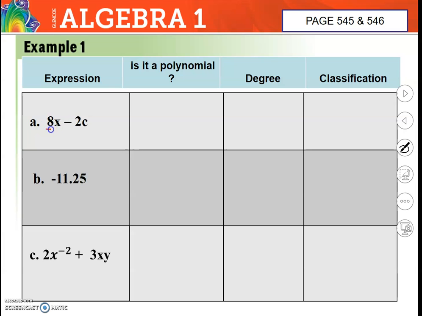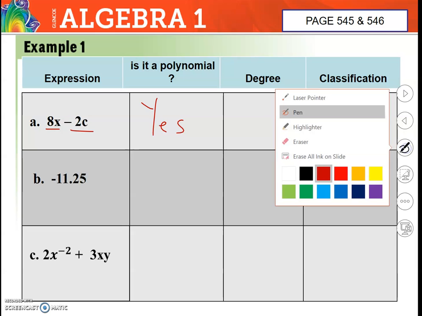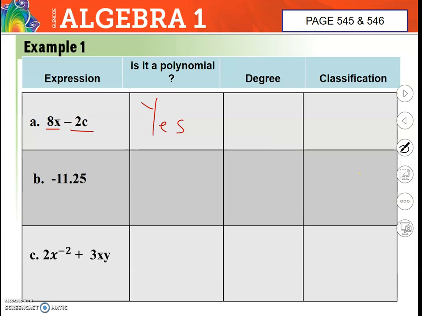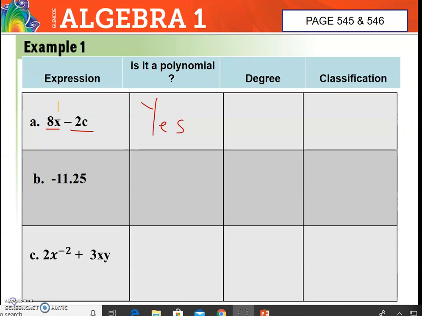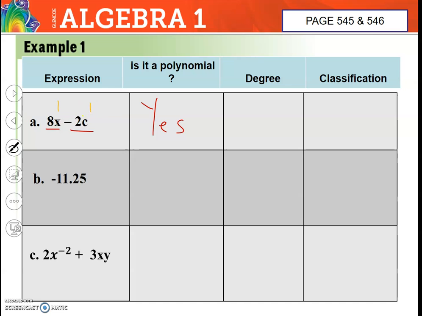Because two expressions are put together, we say it is a polynomial, so we put yes. Now, the degree is the exponent attached to the variable. 8x has an exponent of 1, and negative 2c has an exponent of 1. So we could say that the degree is 1.